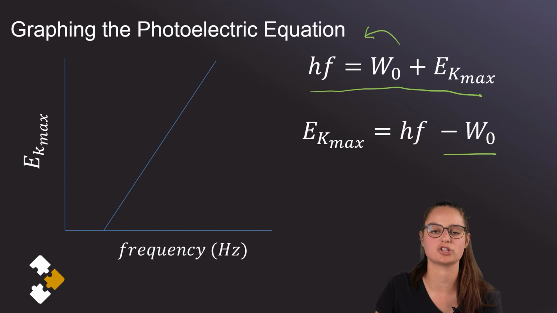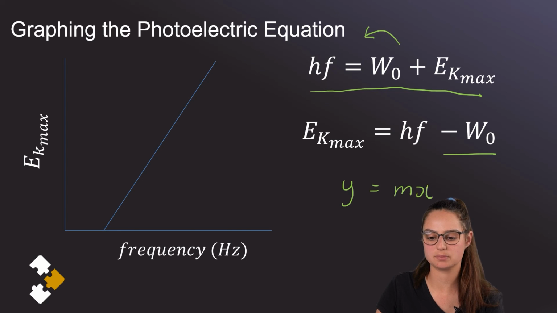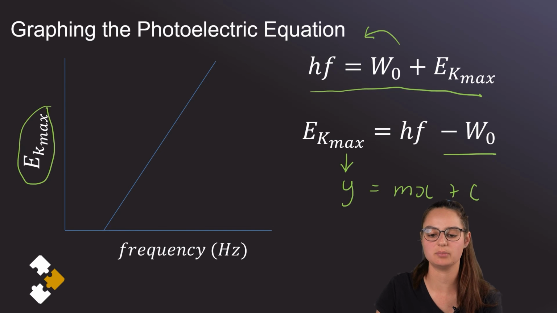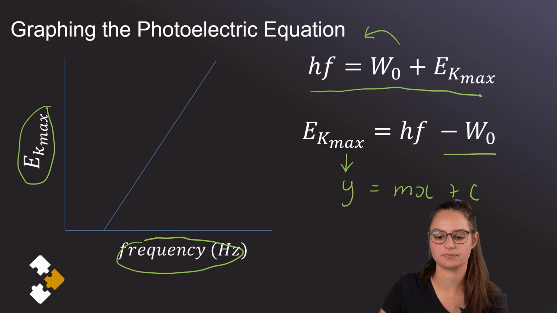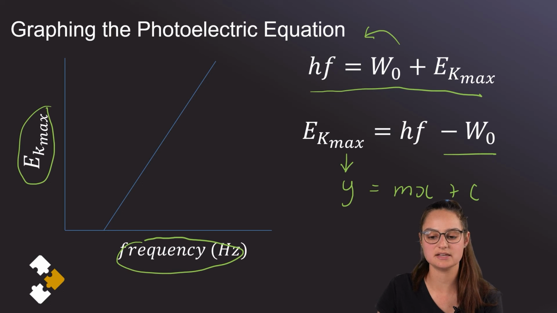And if we relate this to the equation of a straight line graph, y equals mx plus c, you can see how our kinetic energy is on our y-axis. So that relates to our y variable. We can see that frequency over here is on our x-axis. So frequency relates to our x value.